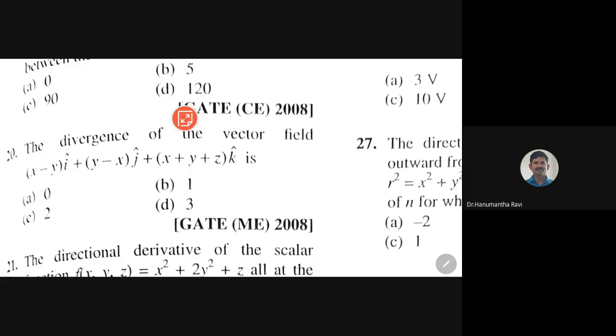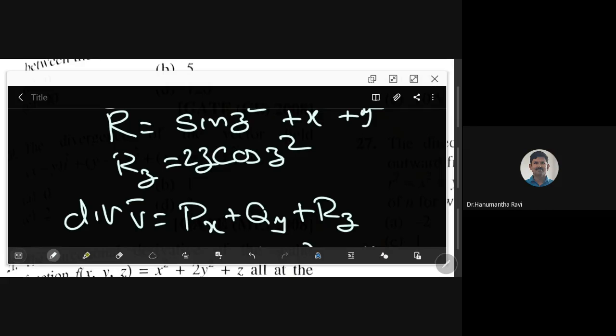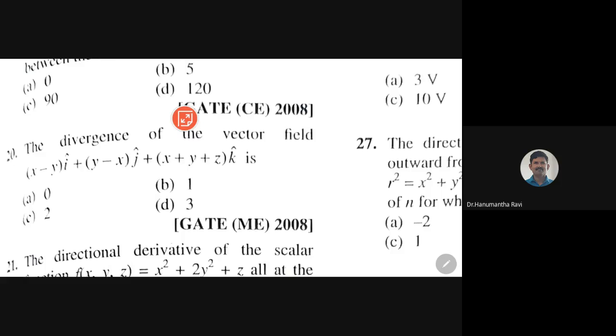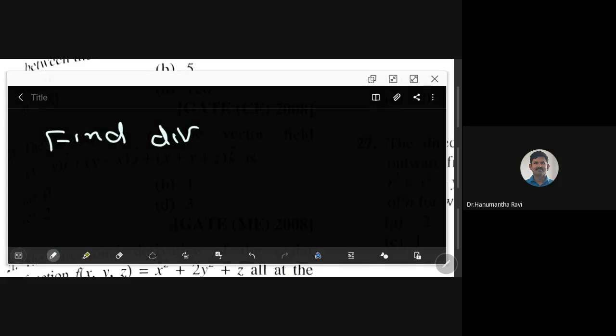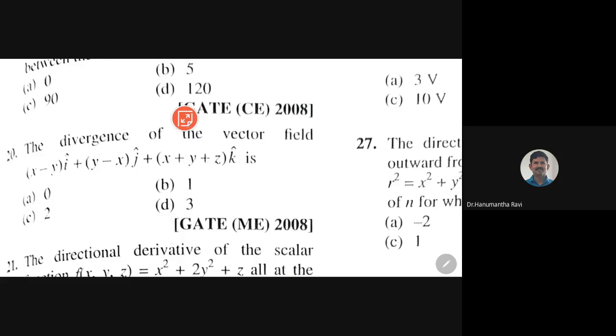The next problem is: find the divergence of x minus y i bar plus y minus x j bar plus x plus y plus z k bar.